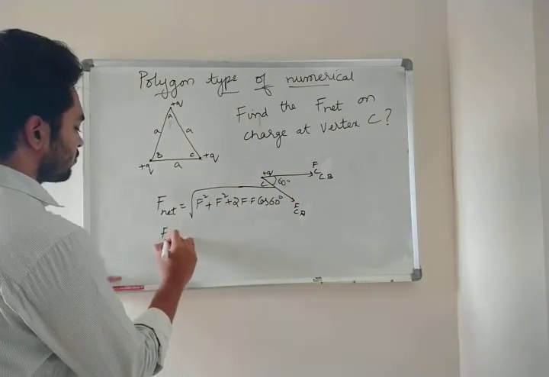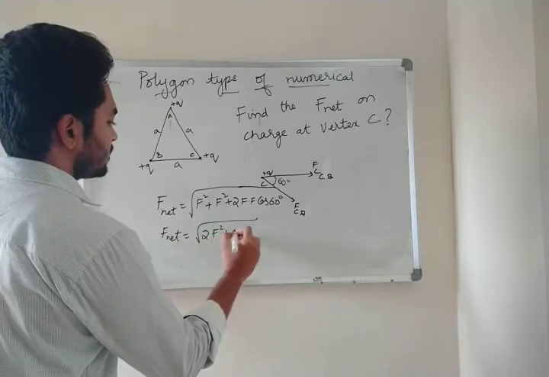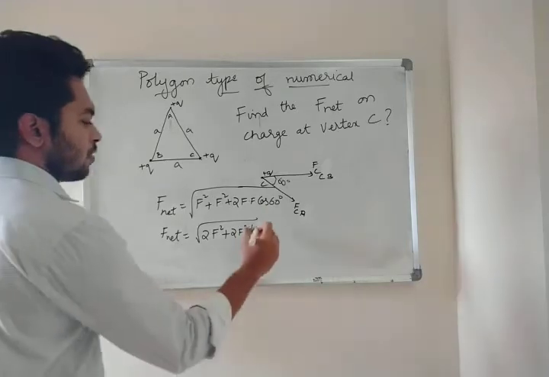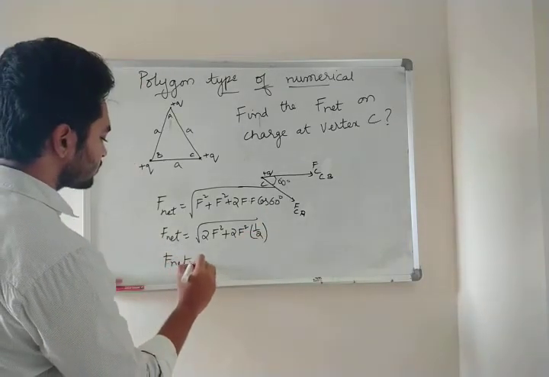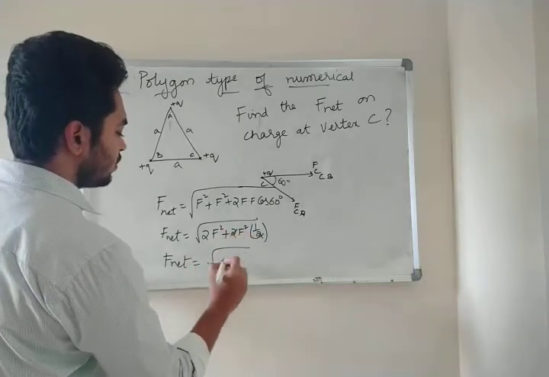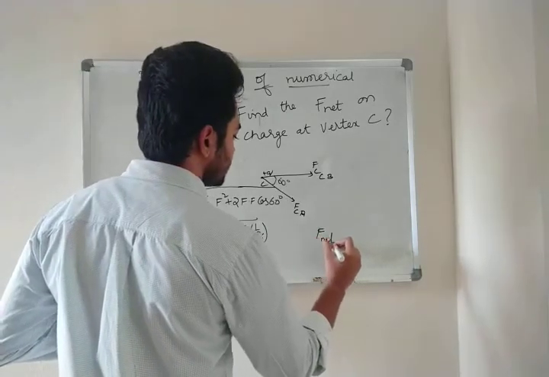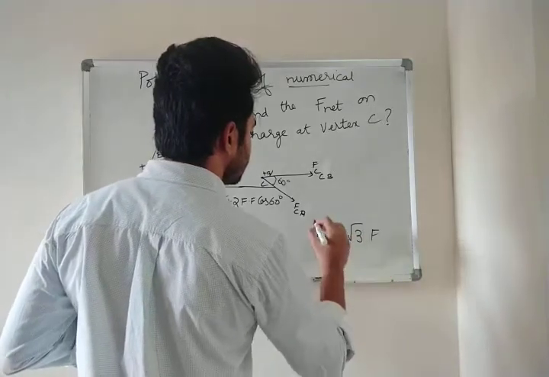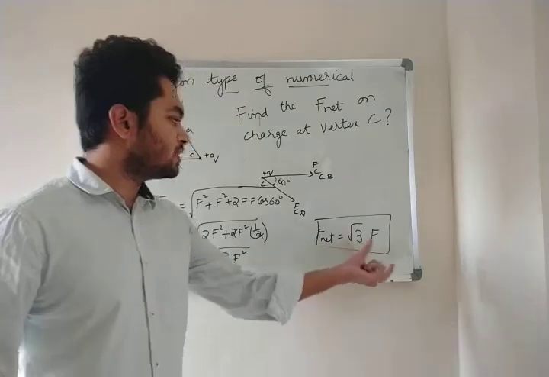So F net is equal to under root 2F square plus 2F square into cos 60, which is 1 by 2. So this 2 and this 2 get cancelled, giving 3F square. So F net finally is root 3 F. This is your resultant force.